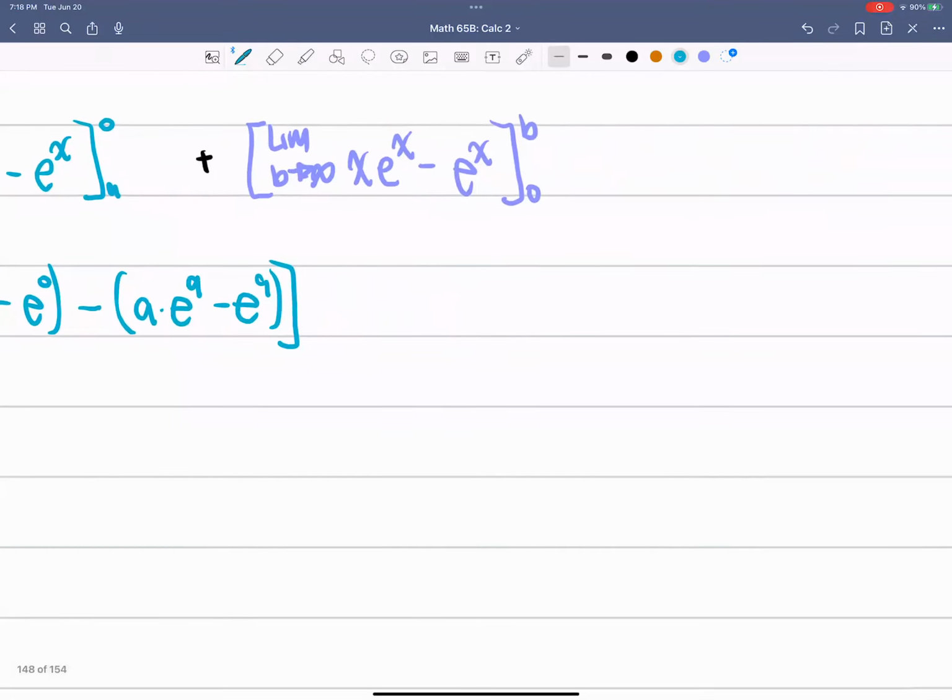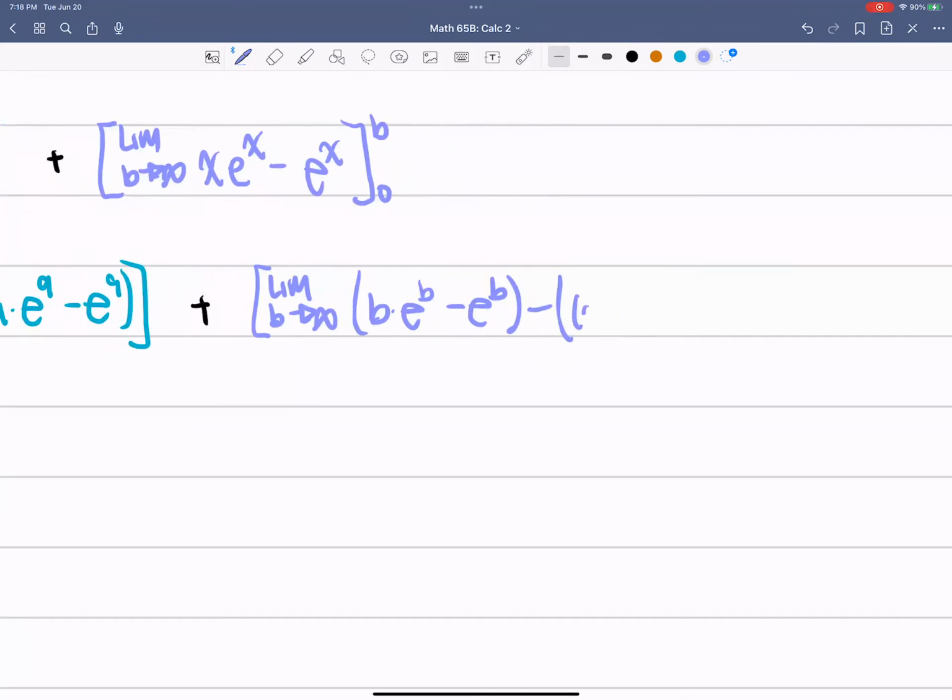Let's add the next part: the limit as b approaches infinity of b times e to the b minus e to the b, minus 0 e to the 0 minus e to the 0.